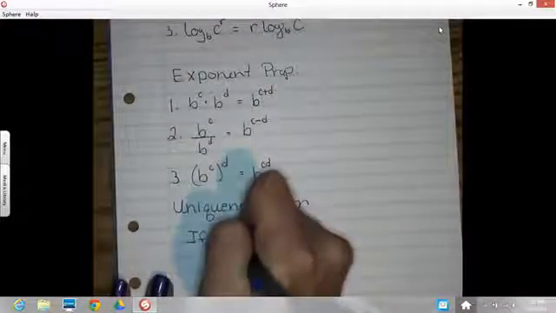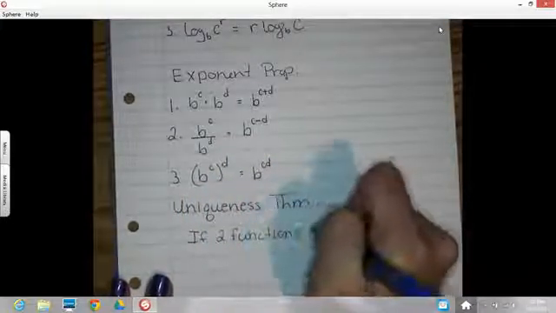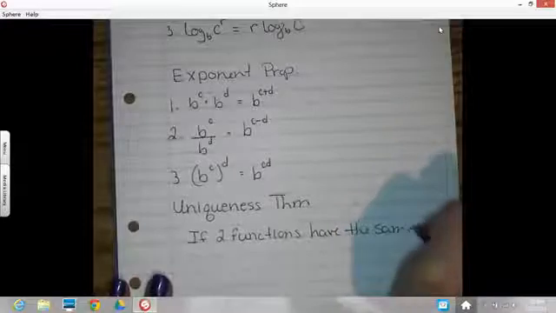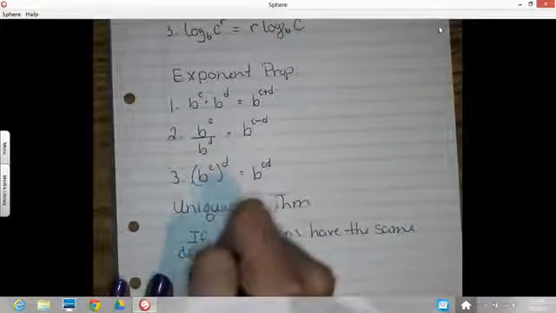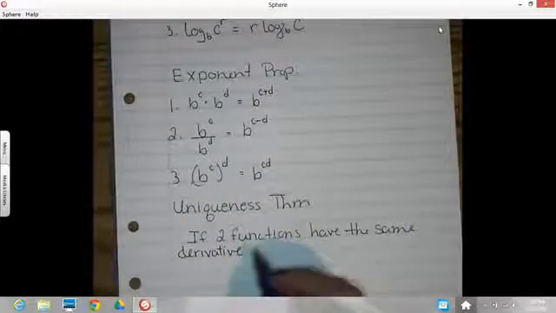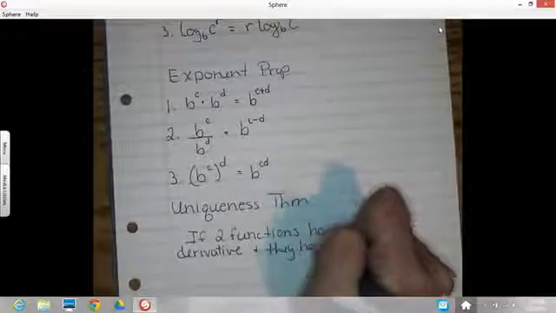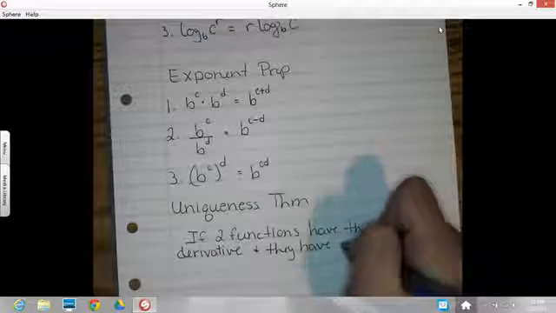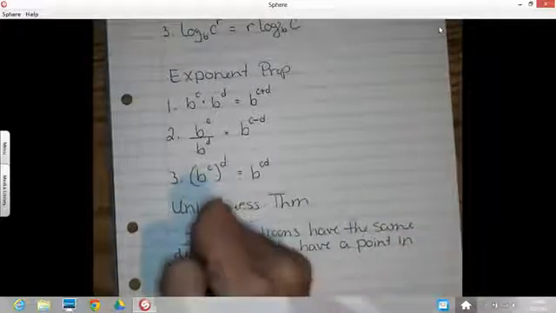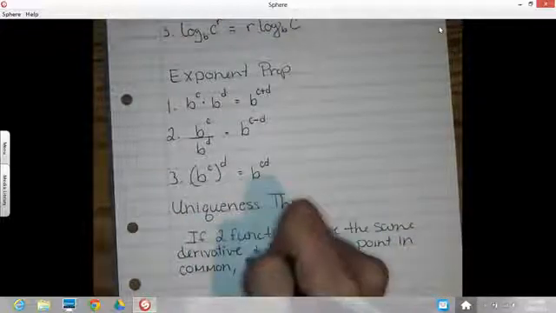If 2 functions have the same derivative, and they have a point in common, then they are the same function.